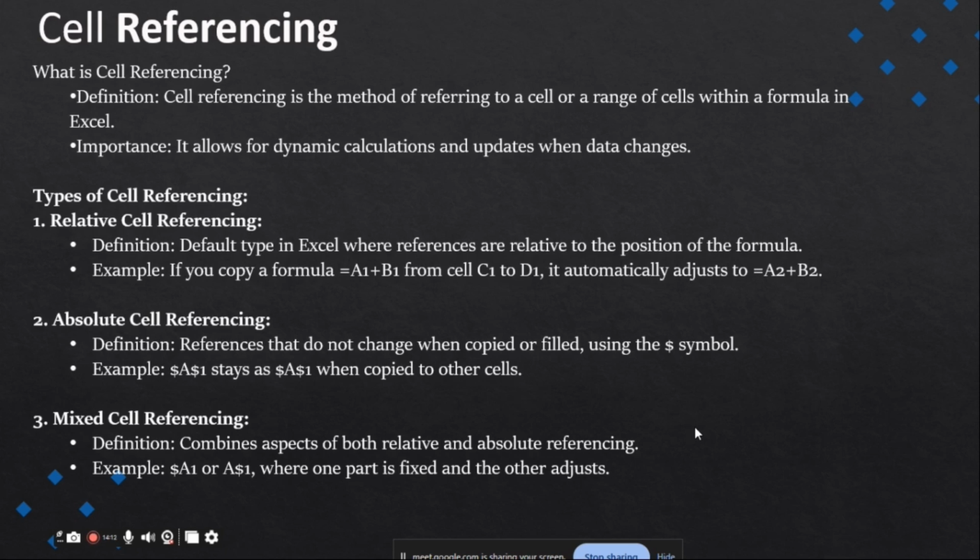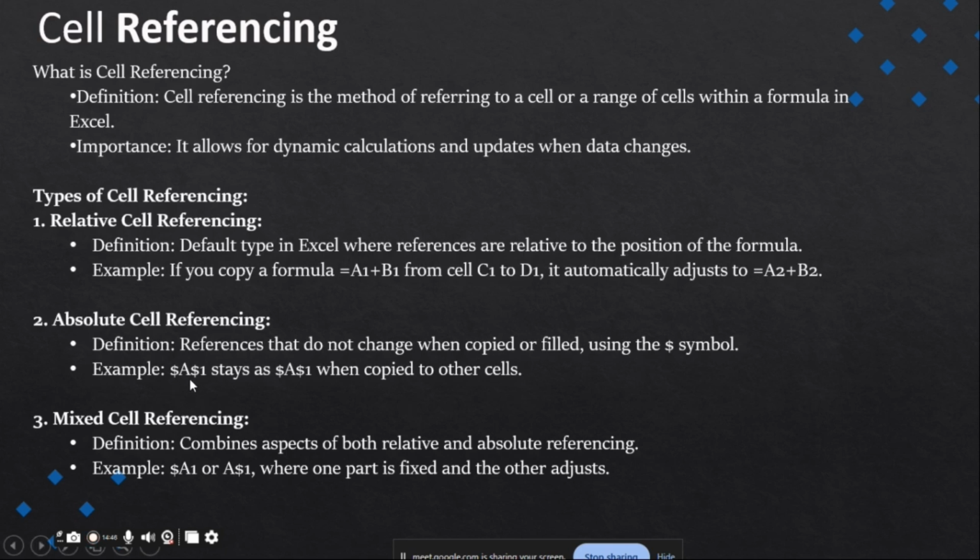So when you copy a cell without locking it, you copy it relatively to another active cell, it will automatically change and reference different cells because it's relative. But now, for absolute cell referencing, you will need to use your dollar symbol to lock it. So when you lock it with your dollar symbol, it will not change. It remains fixed.